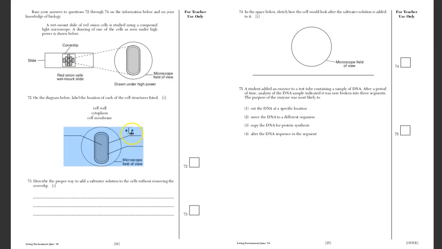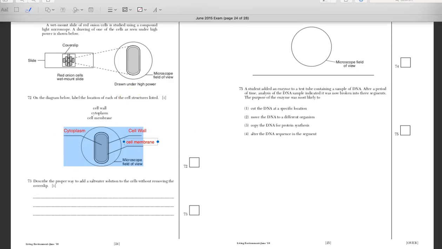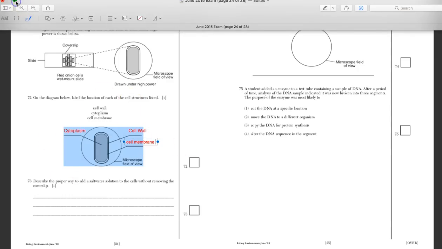So this right here is the cell wall. This right here is the cytoplasm. And this right here, the layer that comes second after the outermost cell wall, the inner layer, is the cell membrane. This you write in pen. It didn't say draw or anything. Okay?